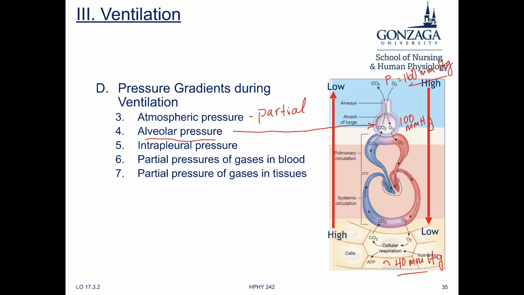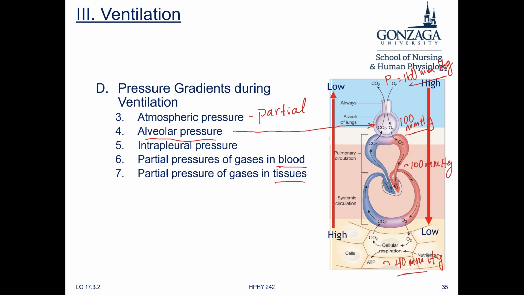We'll come back to it. The last two are partial pressures of the gases either in the blood or the tissues. So the partial pressure of O2 in the alveoli is around 100. It's around the same in the blood.